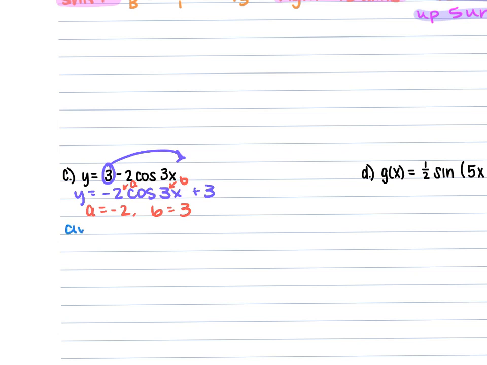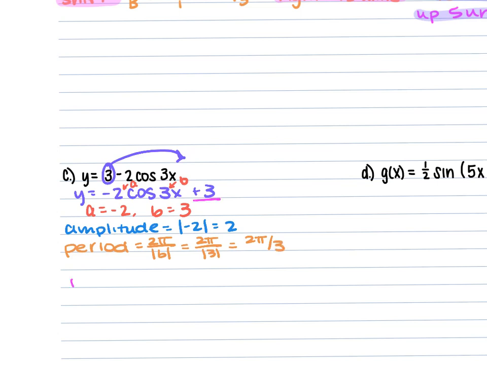So our amplitude is the absolute value of negative 2, which is 2. Your period is 2 pi over the absolute value of b, which is 2 pi over the absolute value of 3, which is 2 pi over 3. Then we have this plus 3. That means that we're going up 3 units.